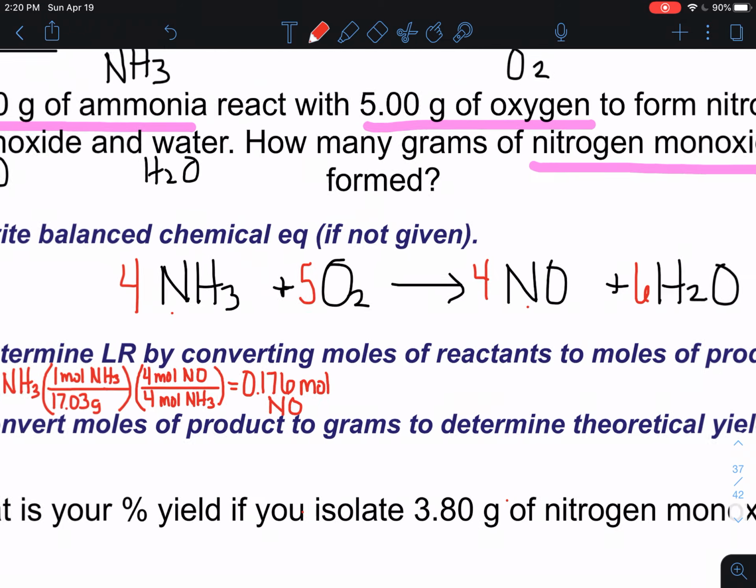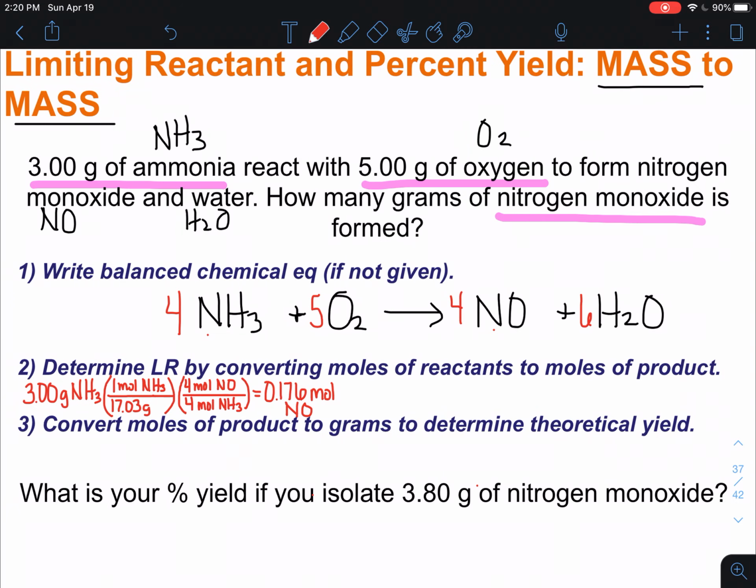All right, so we have 0.176 moles of nitrogen monoxide from 3 grams of ammonia. Now we're going to do the same thing with the other reactant, which is oxygen.